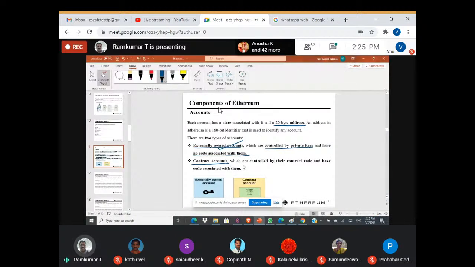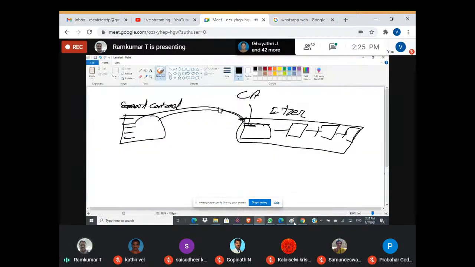A contract account is controlled by its contract code. Why? Because whenever I'm talking about the contract account, there is code associated with it. Because of that reason, we say a contract account is controlled by code. So this contract was deployed here, and because of that there is code associated with it.